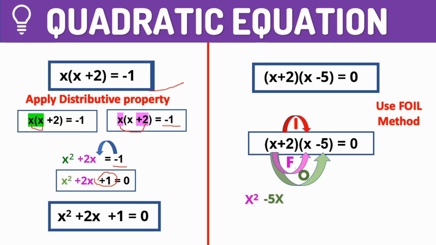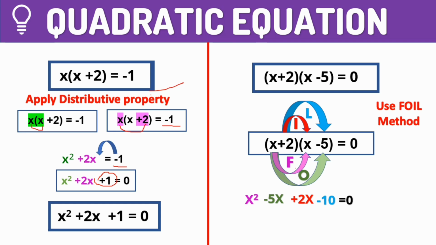Followed by the inner term, and that is 2 and x. 2 times x, the answer is +2x. And for the L, the last term, that is 2 and -5. 2 times -5, the answer is a negative 10. And then copy equal to 0.